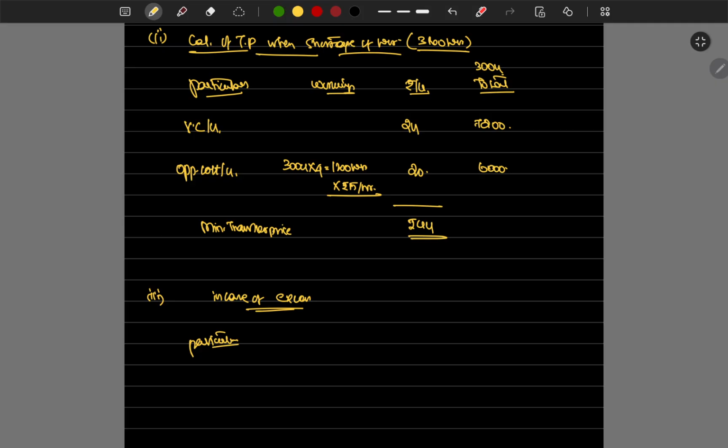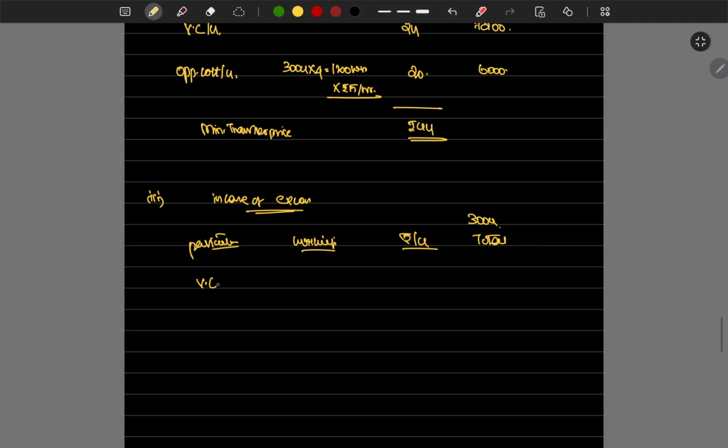Particulars, workings, rupee per unit, total, which is variable cost per unit, opportunity cost, excess.